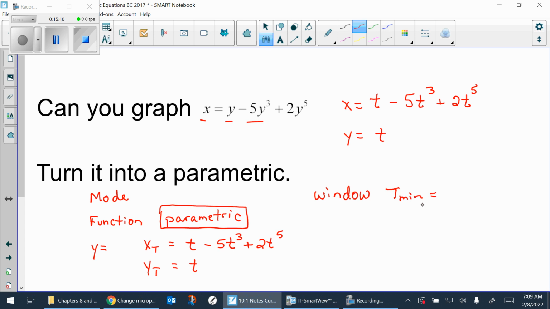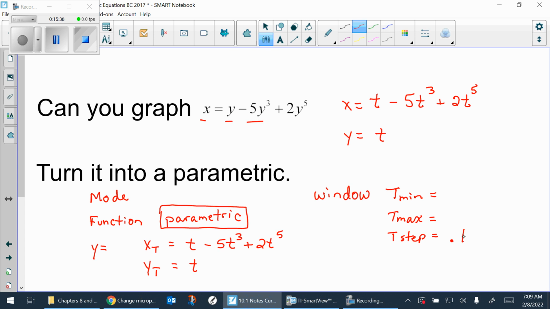So you set the minimum value of T. Before we said T was going to go from 0 to 2 pi. Oftentimes you'll be told what values of T to use. You'll be able to set T max. You'll be able to set T step. Now T step should be small so that you graph a lot of points and you see a pretty accurate representation of what this is going to look like.